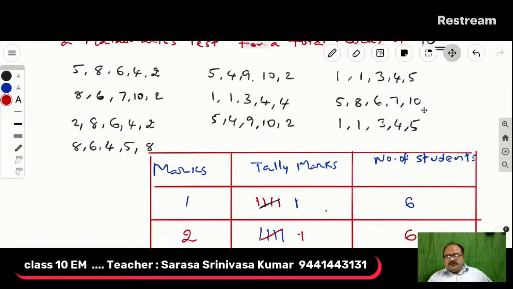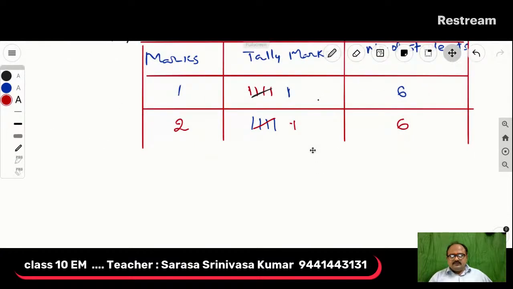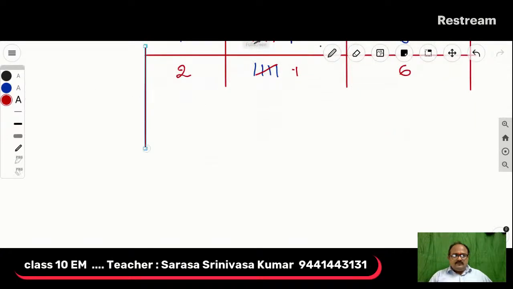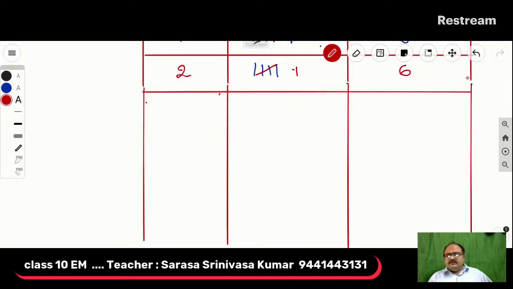Now we note down the tally marks for 3 marks. Now we consider 3 marks.